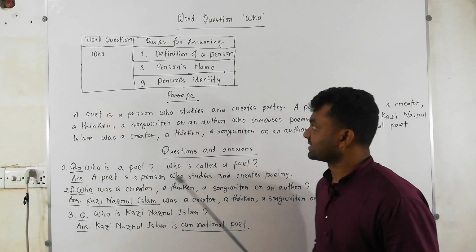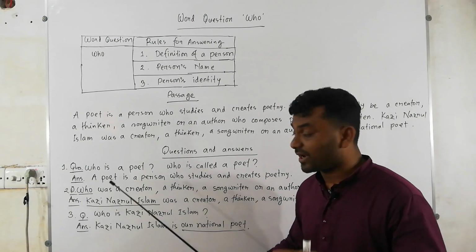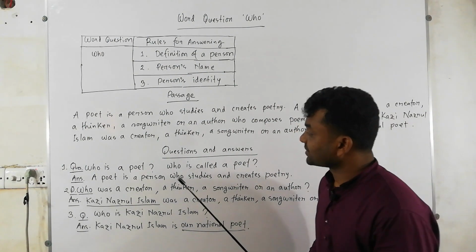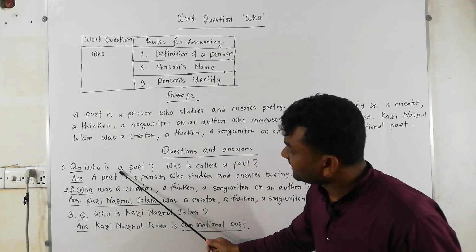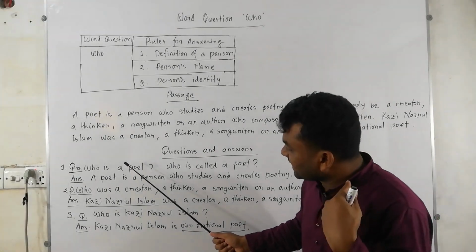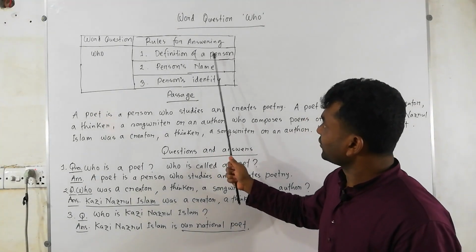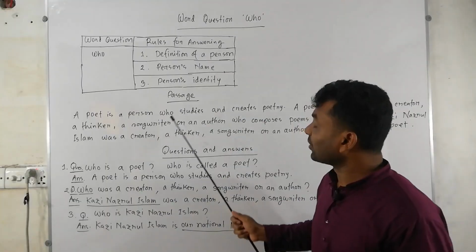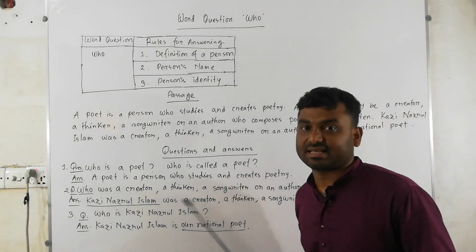When we are going to write down the answer, we have to think about what is meant by this question. Is it demanding the definition of a person, or a person's name, or a person's identity?